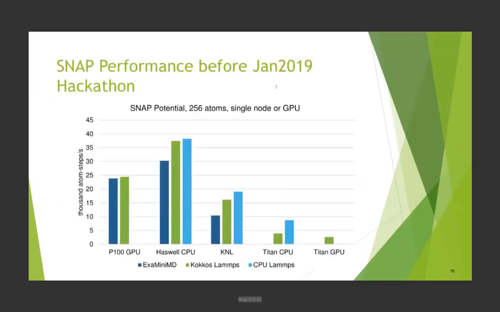This one? Yeah. Okay, so you're comparing performance on Haswell. So if you look at the light blue curve versus the green curve, they're approximately equal. And so this is saying that the serial version is approximately the same performance as the COCOS version.